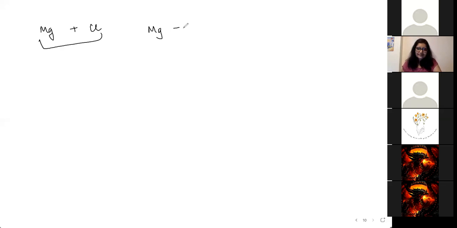Valency. We interchange the valency. Mg is what? +2. And Cl valency is -1. If I take 1 Mg and 1 Cl, I have +2 -1 total, it's still +1, right? Now if I want to make the total 0, adding both, how many Mg should I take?